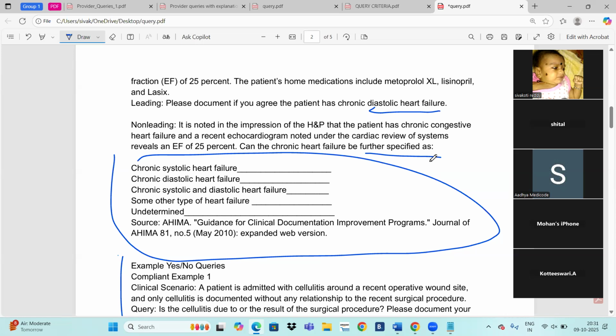Sir, leading query, I think we should not raise in IP records like that. Not like that, it depends on your project. Nobody says we should not raise the leading query. You can raise it depending on your project.